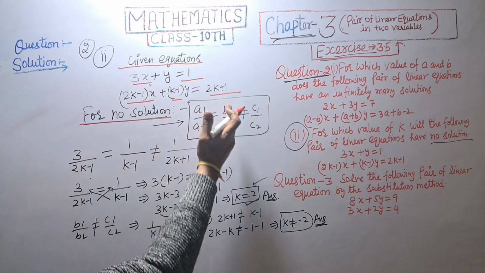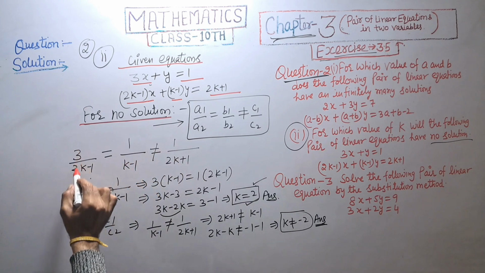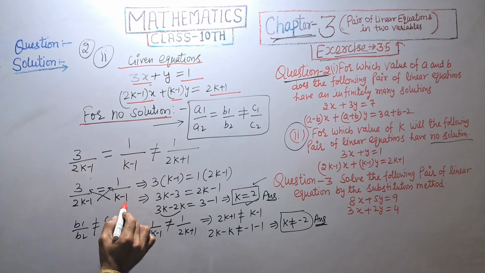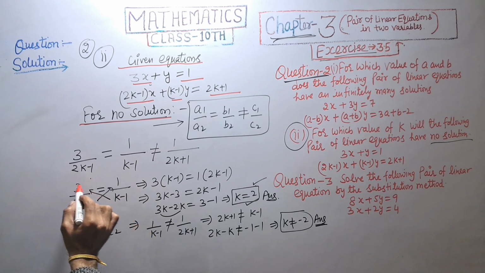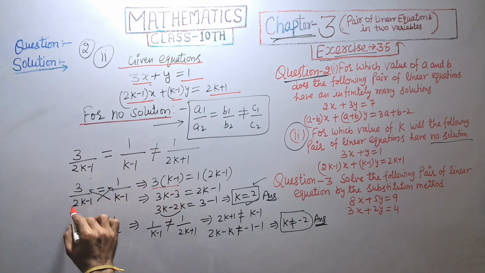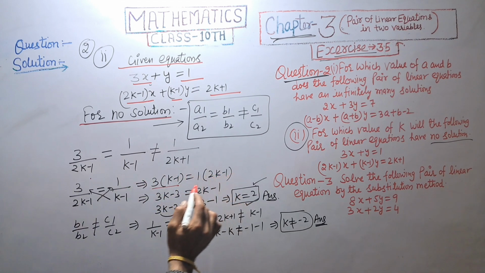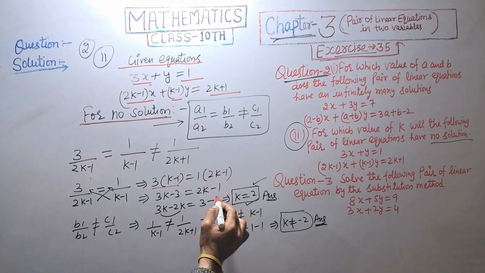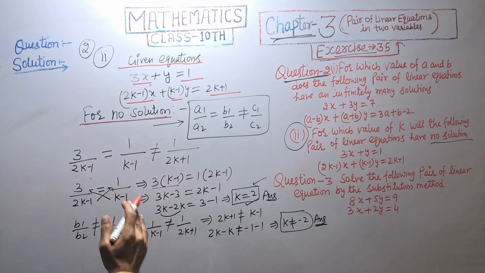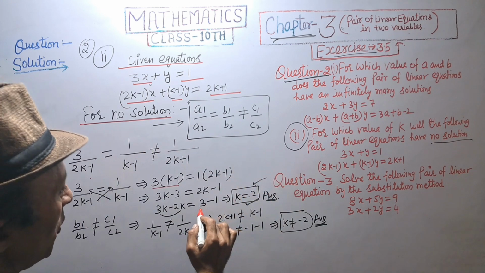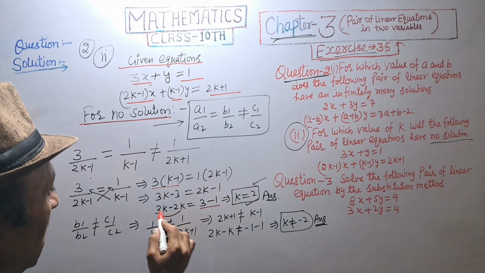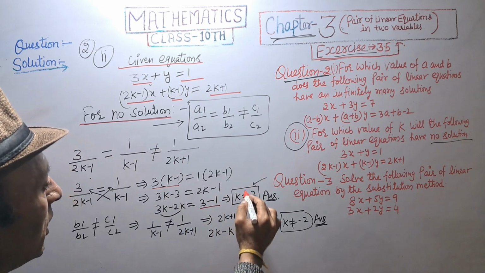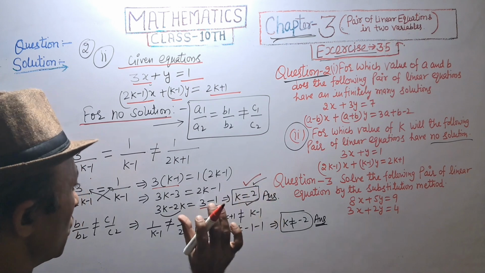A1 upon a2 equal to b1 upon b2: 3 upon 2k minus 1 is equal to 1 upon k minus 1. K minus 1 multiplying by 3 and 1 multiplying by 2k minus 1: 3k minus 3 equal to 2k minus 1. Shifting 2k to the left side and minus 3 to the right side, that will be positive 3 minus 1, and 3k minus 2k is equal to k. Then the value of k is equal to 2.